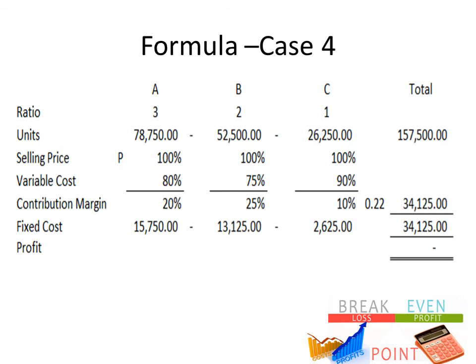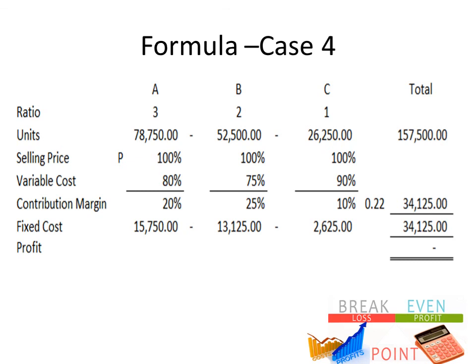In this one it is a percentage. What we will be able to get is not the number of units. Instead, the total sales price. So that would now be 34,125 divided by 22% will give us the total selling price of 157,500.